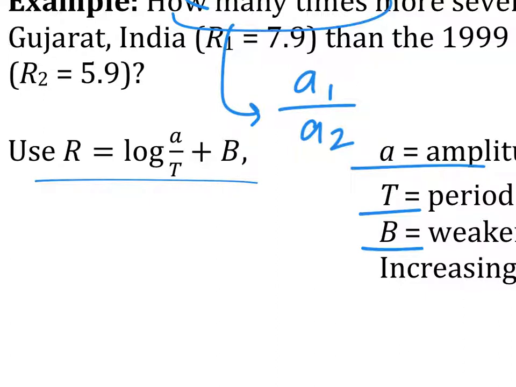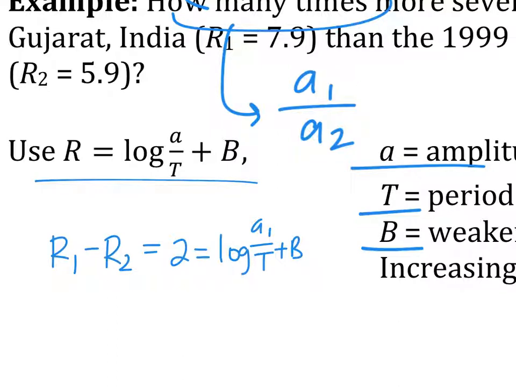Okay, so we want to find A1 divided by A2. So we're going to start with R1 minus R2. R1 minus R2 is 7.9 minus 5.9, so that's going to be 2. Which is the same as log A1 over T plus B. That's R1, right?